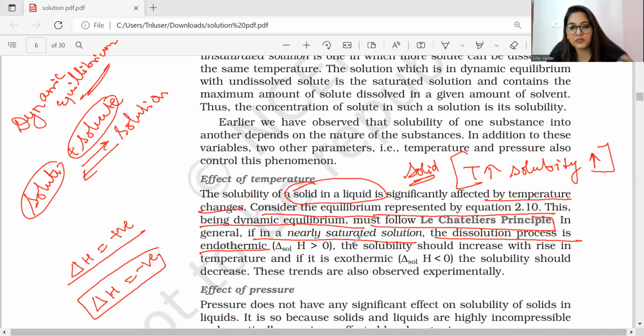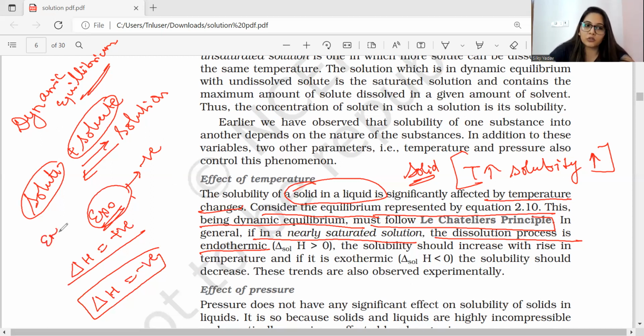See, exo means the heat is going out. Exo means heat is going out. And if, let's say, I'm having money in my pocket and somebody is asking for that money, I have to give that money out of my pocket. So will I feel good for that? No, right? So exothermic means when the del H will be negative. But endo means, let's say, somebody else is giving me money and I have to put it in my pocket, so I'll be very happy for that, right?